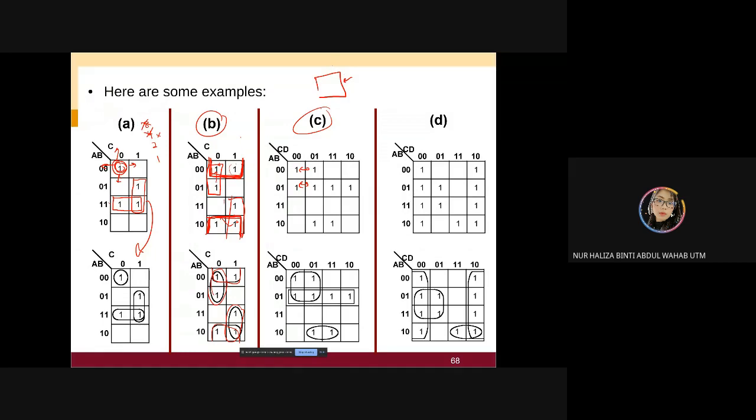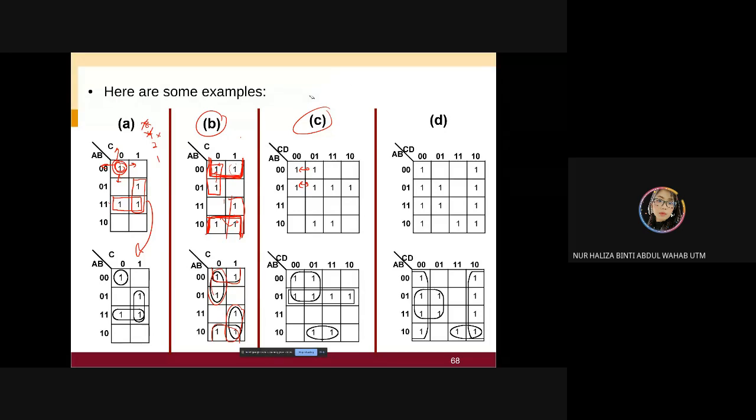It is a square, which is you have 4, 4, 2, 2, 2, 2. You get 4 cells inside. If you have 8 cells, you're going to have 4 and 4. So for a square only, you can draw that.